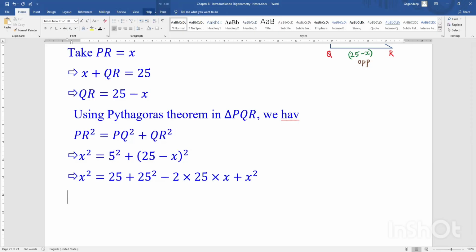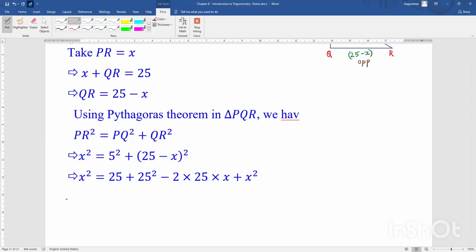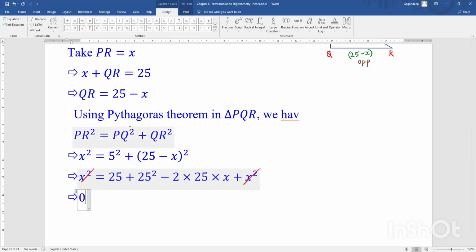So X square and X square gets cancelled. Then obviously this LHS part has become 0 now. And then we have 25 square, 625, and 2 into 25 into X. So it becomes minus 50X.